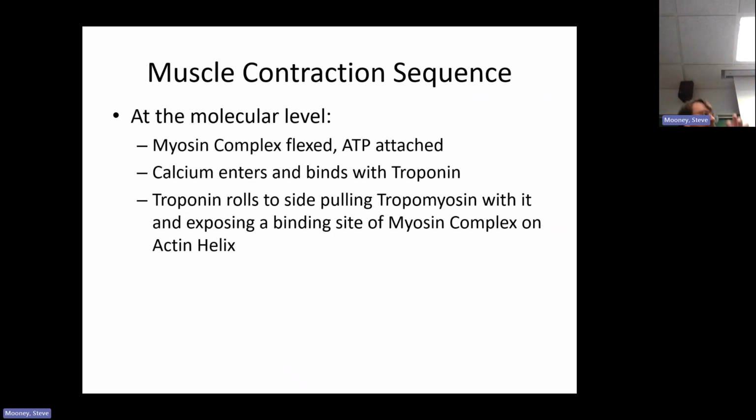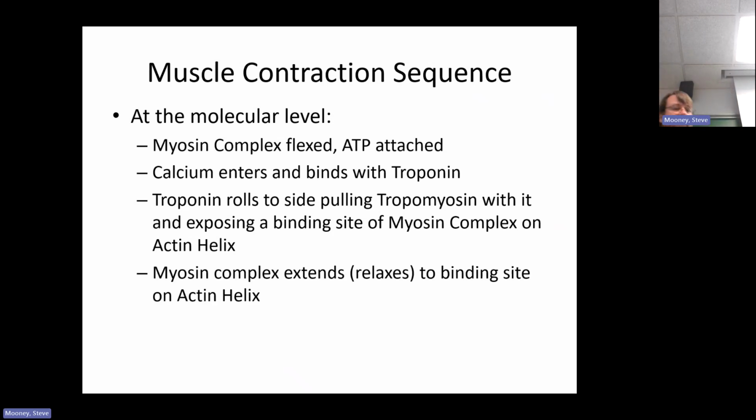It's going to pull that long black line, and underneath it are all the binding sites where myosin can attach to that actin helix. So calcium comes in, pry bars that open, and exposes those binding sites.